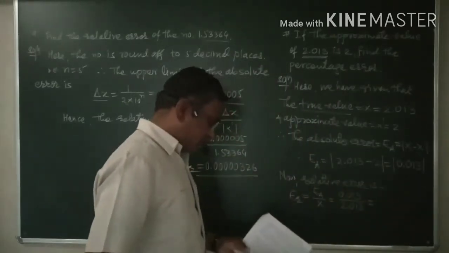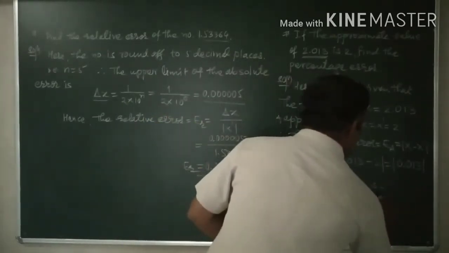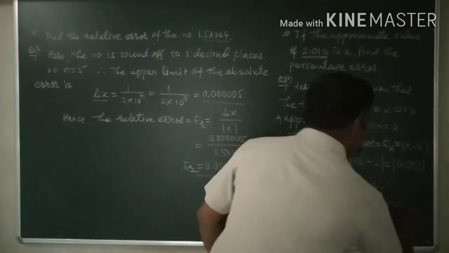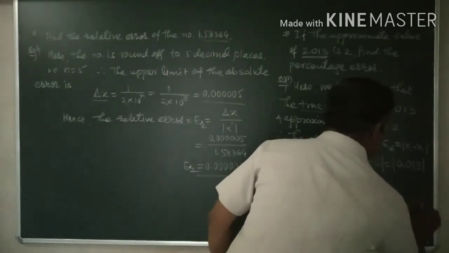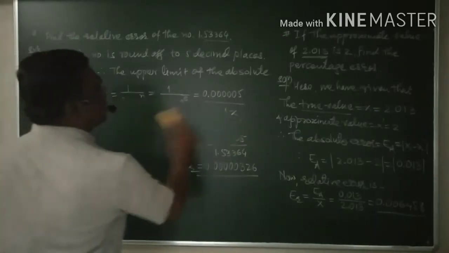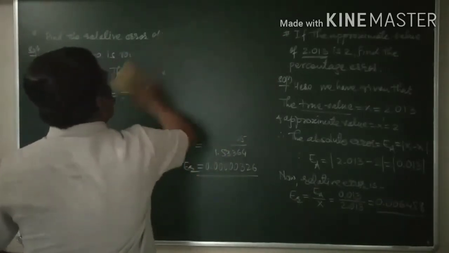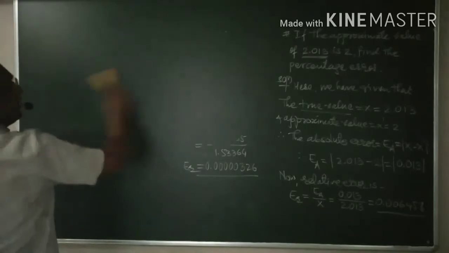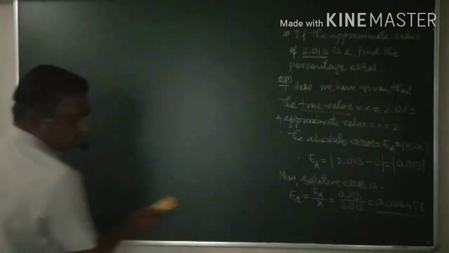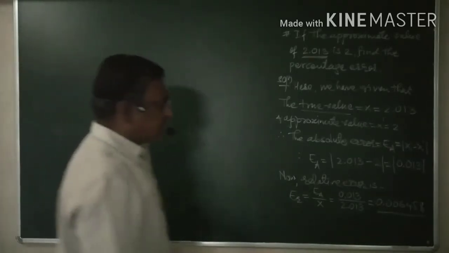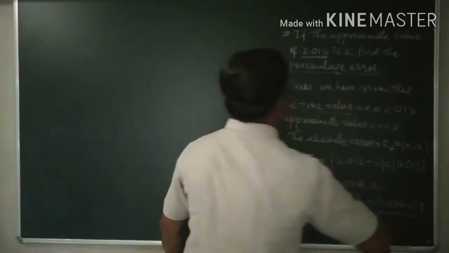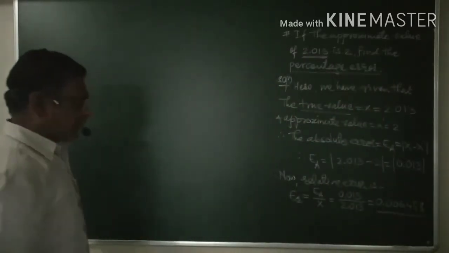If you calculate it, you will get 0.00645. Okay, this is the relative error. Well, now once we obtain the relative error, then we can go to our question. What is the question? Find the percentage error.